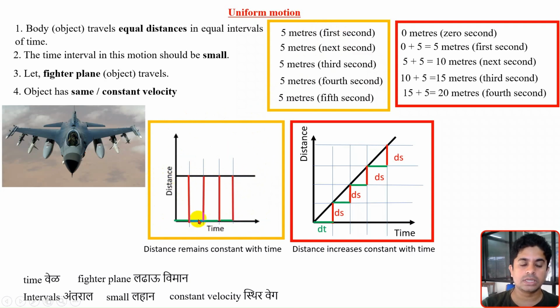So this kind of motion is also uniform motion, where equal distance is covered in equal intervals of time. This is also an example of uniform motion, and this is also an example of uniform motion. We will discuss more about uniform motion in coming videos.